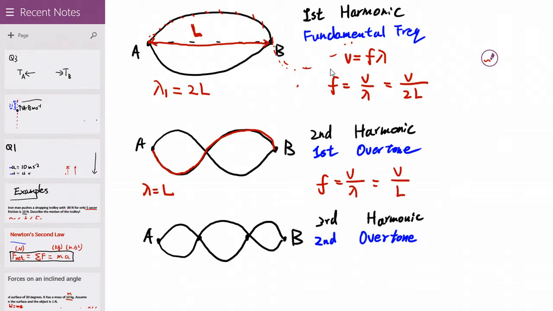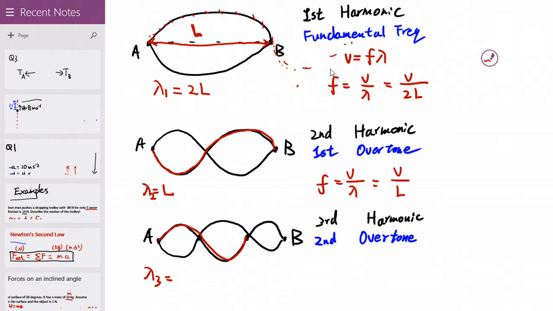Now, if we look at the third harmonic, or the second overtone, that's lambda 1, lambda 2, lambda 3. We now have one wavelength that is actually 2/3 of the whole length.